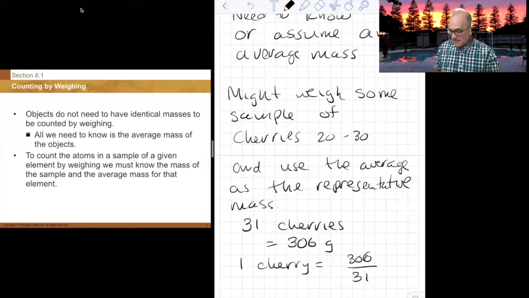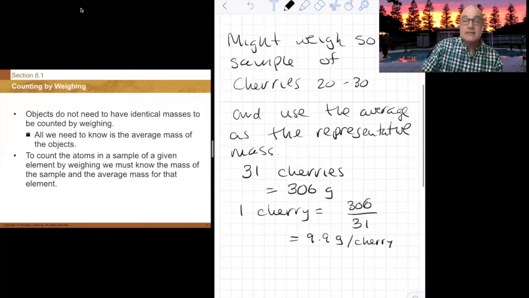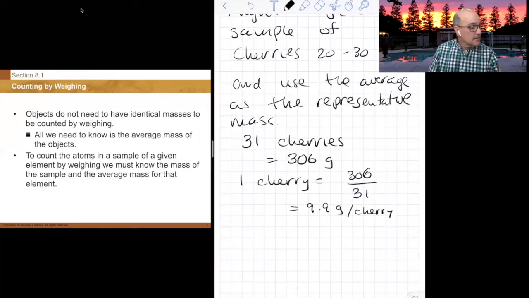This is 9.9 grams per cherry. So we could take this as the representative mass of a single cherry, right? So this is a very important technique we have to do, just figure out the average.